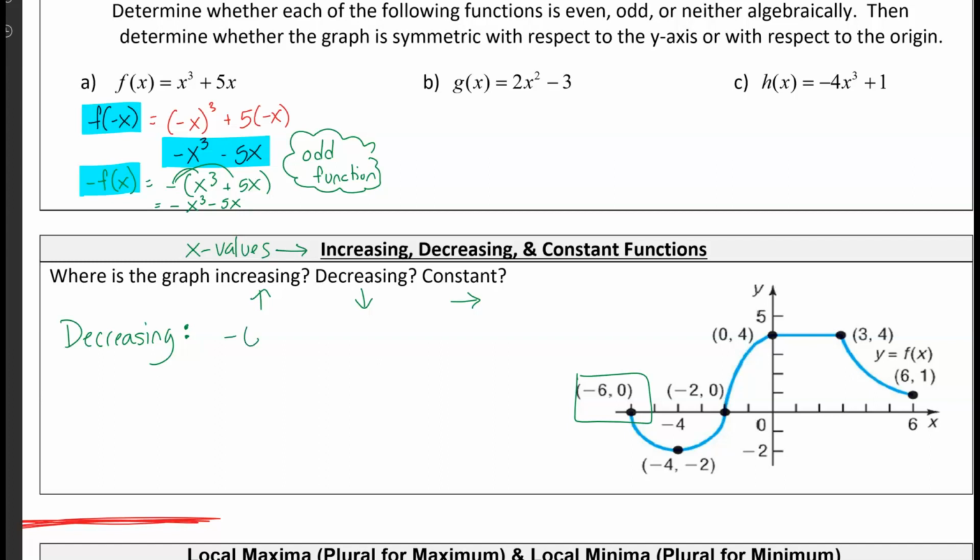I put -6 with a parenthesis, because at -6, I cannot say whether or not I'm decreasing. Always when you're doing increasing, decreasing, and constant functions, it's always just going to be parentheses, no brackets. So -6, and then when do I stop going down?